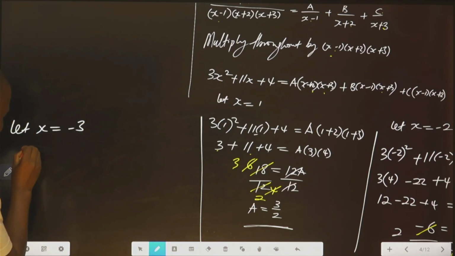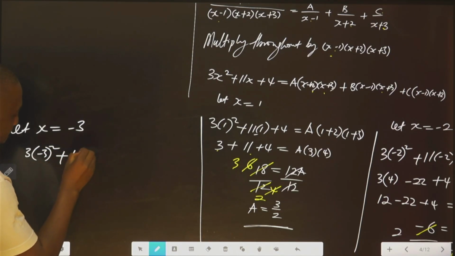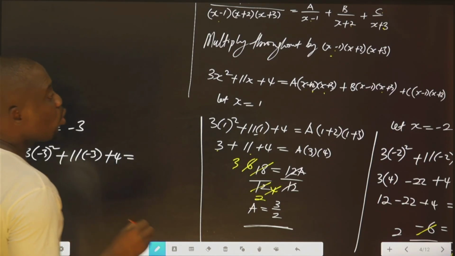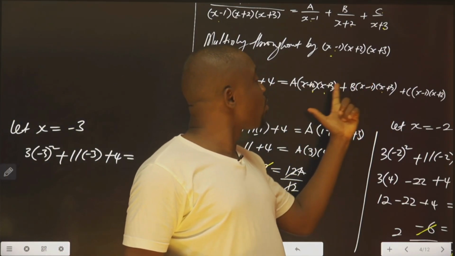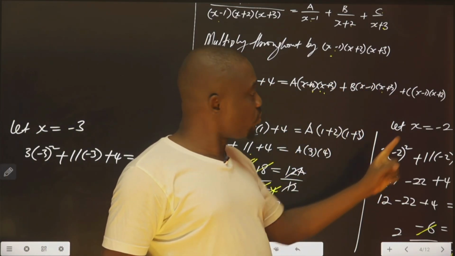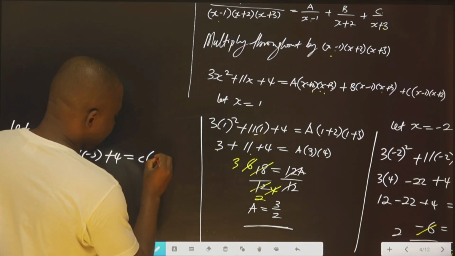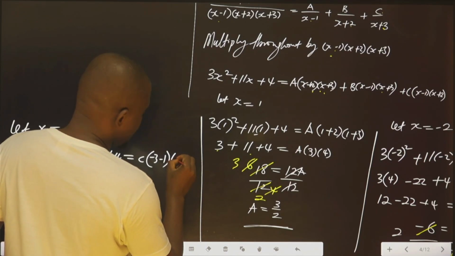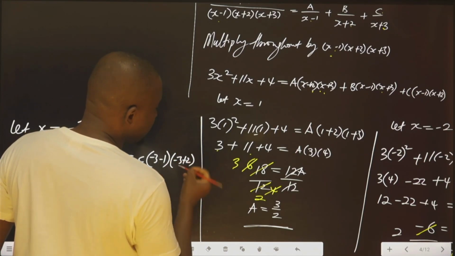Then we come here to say 3 minus 3, minus 3 equal to, no need for us to waste our time here because this will produce 0, this will produce 0. We concentrate here, that is c, minus 3 minus 1, minus 3 plus 2.